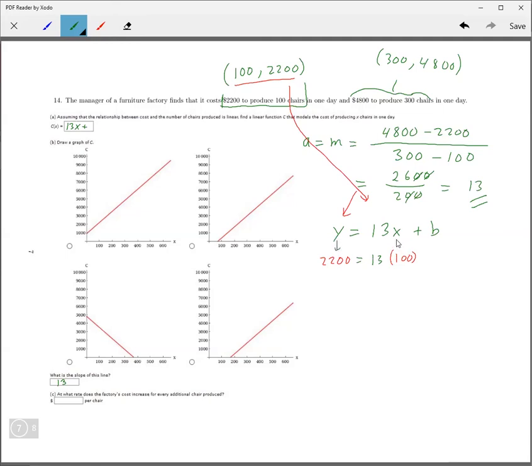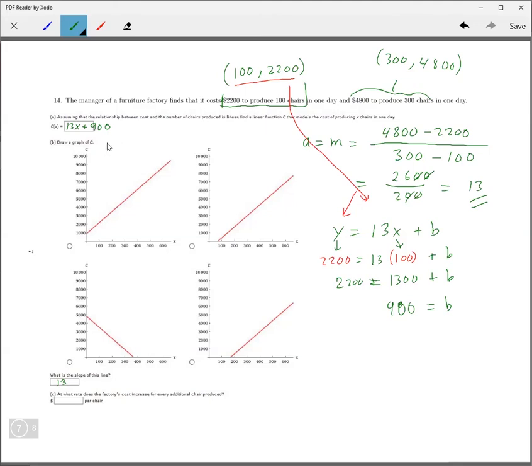So y gets replaced with this y value, x gets replaced with the corresponding x value, plus b. This is 1,300, and we'll multiply those together. Subtract 1,300 from both sides, and you have 900. Okay, so b is 900. So we're going to put 900 right there.